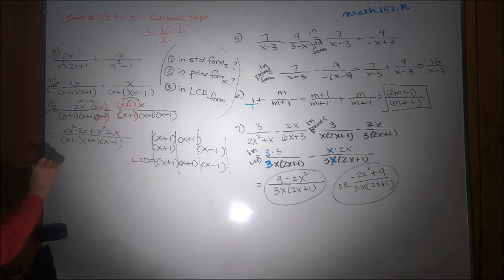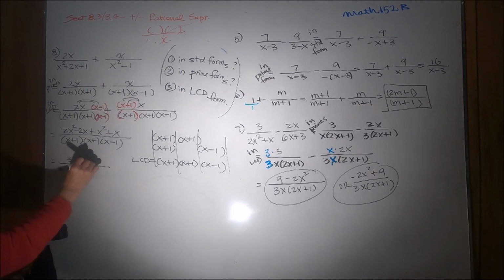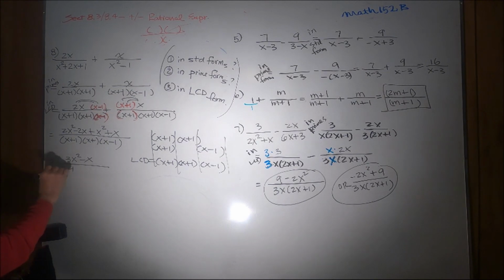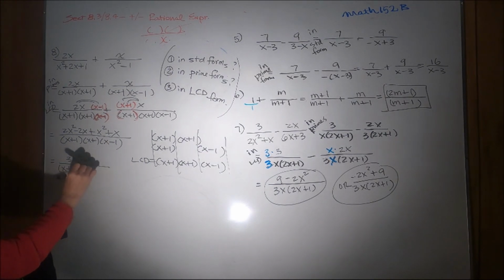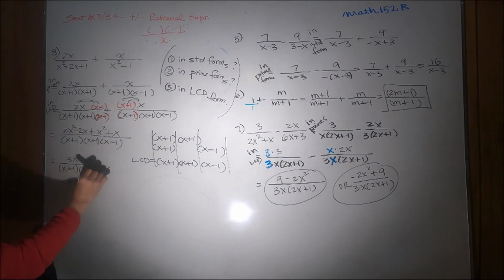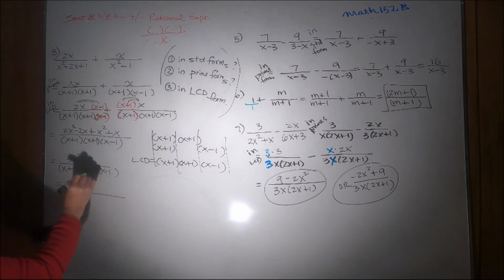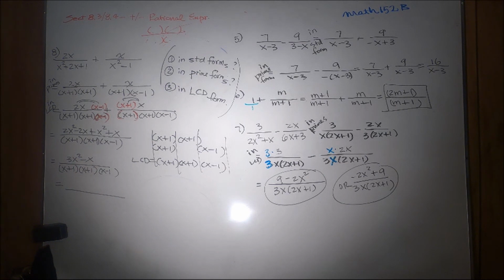Then we simplify the top. That would be 3x squared minus x, right? And over the LCD. Then we have to check if this is the simplest form, right? By doing what? To check it. So you will see the top is prime or not. It is not.